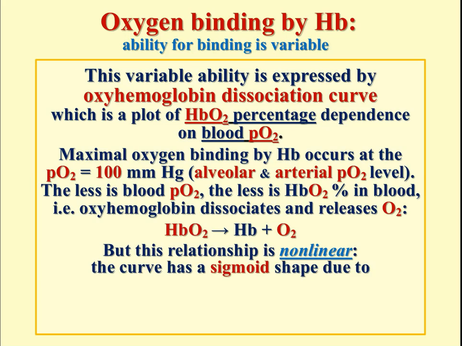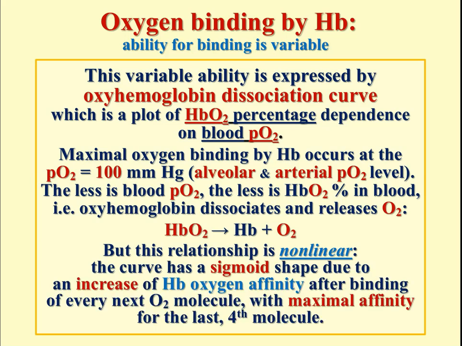The curve has a sigmoid shape due to increase of oxygen affinity after binding of every next oxygen molecule. As was already said, the first molecule binds not so easily as the next one, and each next binds easier and easier, with maximal affinity for the last fourth molecule. And similarly, the release occurs. First molecule not easy, then easier and easier, and it becomes easier to release molecules of oxygen from oxygenated hemoglobin.